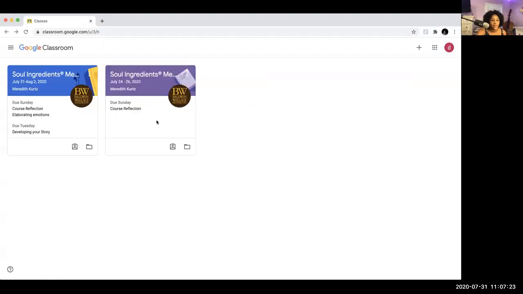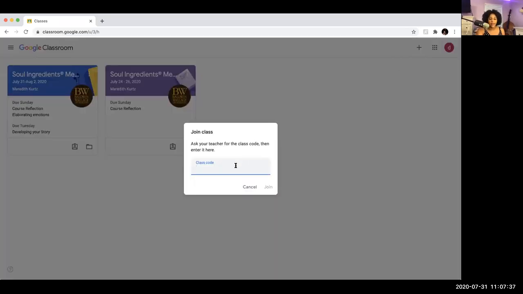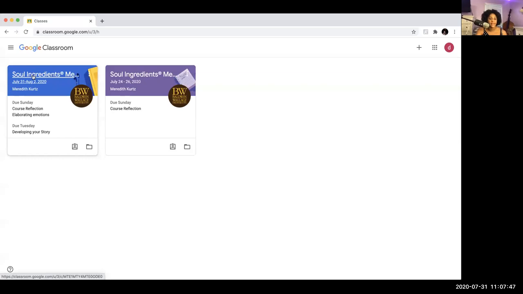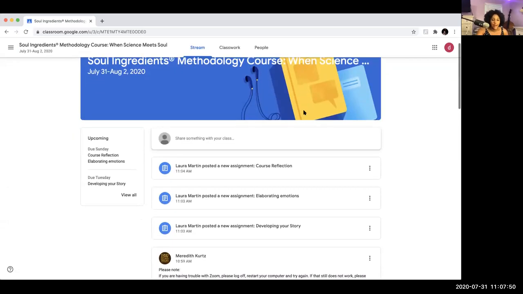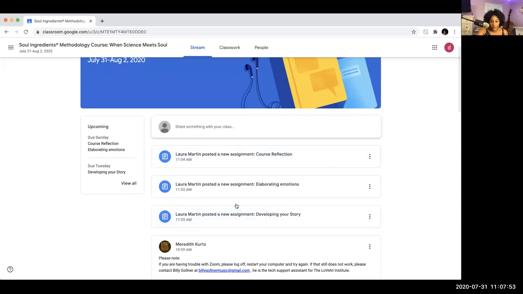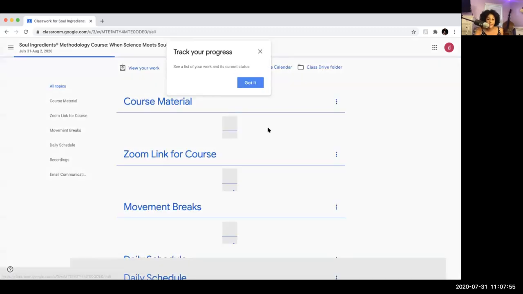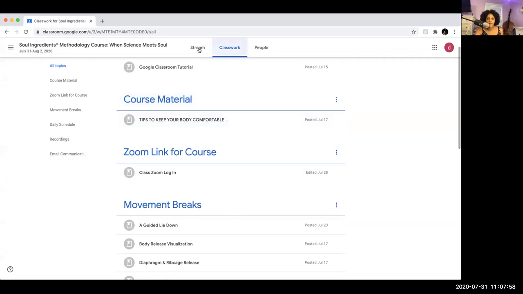I will quickly just do a rundown of Google Classroom because I know that some people are unfamiliar with that. So you should be seeing my screen right now. If you look at the top right corner, there's a plus sign. And that's where you can either join a class or create a class. I think everybody here is in our class, but if you're not, please let me know because it is important because that is where the recordings will be posted and all the assignments that you will have to do. When I click on our class, you can see our assignments, but it is easier to see all of our assignments here in the classwork section right on the top.